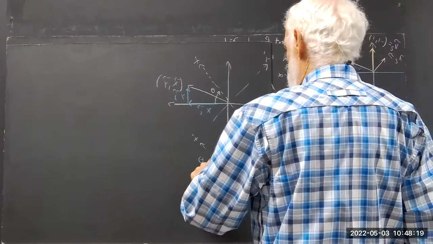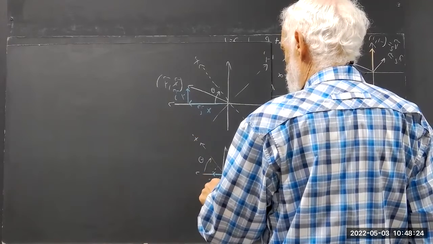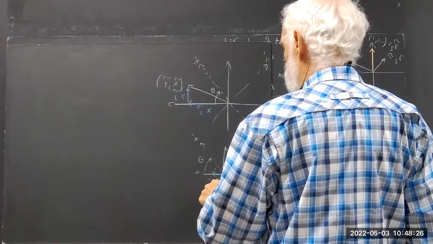Well, the i vector then has a component in the direction of x prime and a component in the direction of y prime.